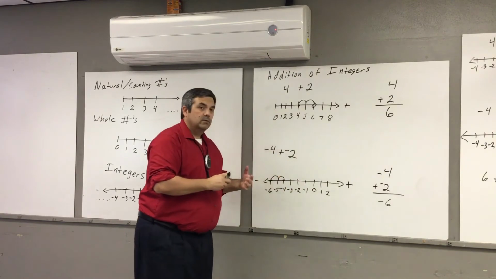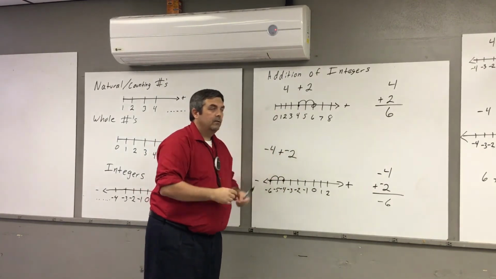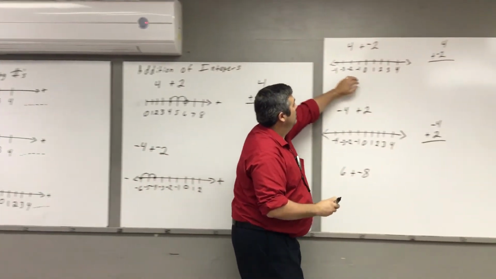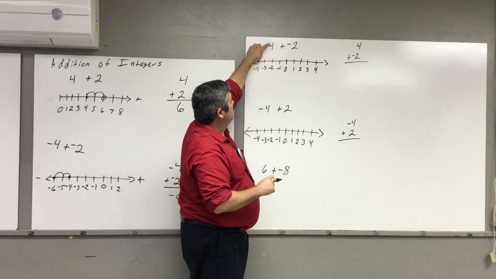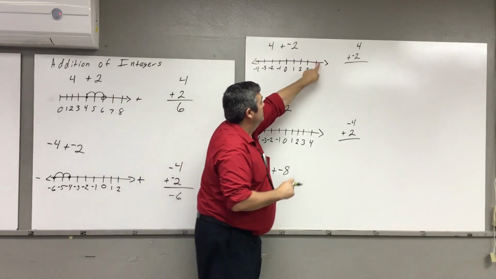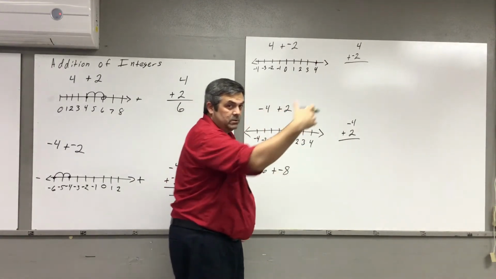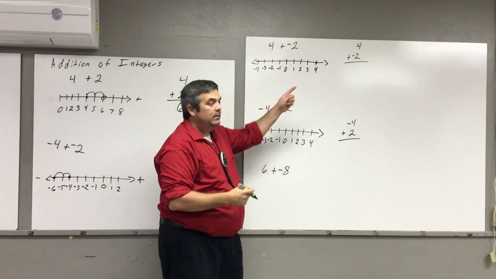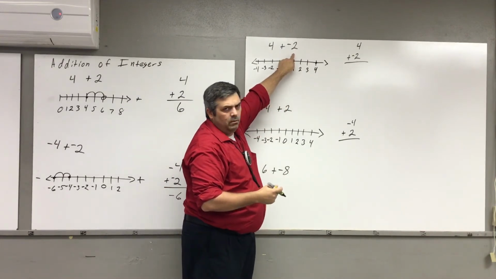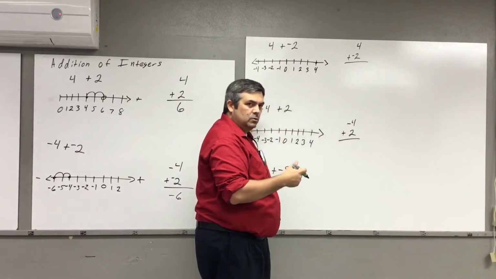Now what happens whenever you have a positive and a negative? 4 plus negative 2. Again, we're going to start where the 4 is, right here on the right hand side, positive 4, so we start over on the right hand side of the number line, but then we're adding a negative 2. Well, the negative 2 tells us to go back to the left 2 spots.